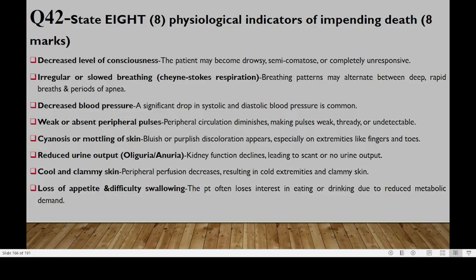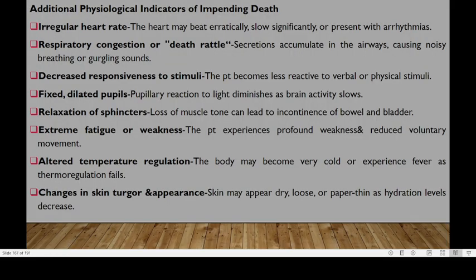So we have factors like decreased level of consciousness, irregular or slowed breathing like the Cheyne-Stokes respiration, decreased blood pressure, weak or absent peripheral pulses, cyanosis or mottling of the body, reduced urine output, cold and clammy skin, loss of appetite and difficulty in swallowing, irregular heart rate, respiratory congestion or death rattle, decreased responsiveness to stimuli, fixed dilated pupils like when we do the doll's eye test, relaxation of sphincters, extreme fatigue or weakness, altered temperature regulation, and changes in the skin tone and appearance.